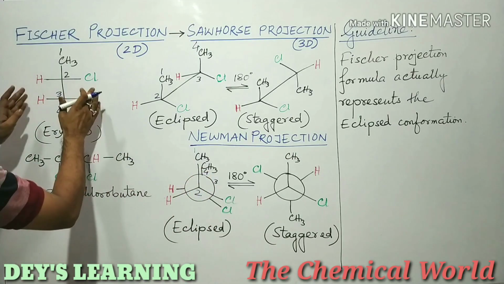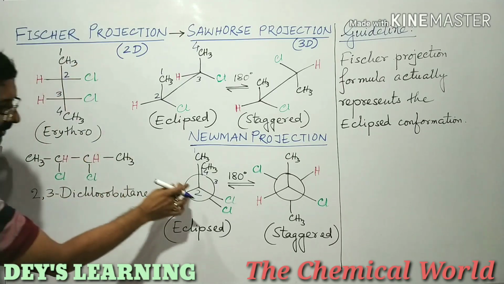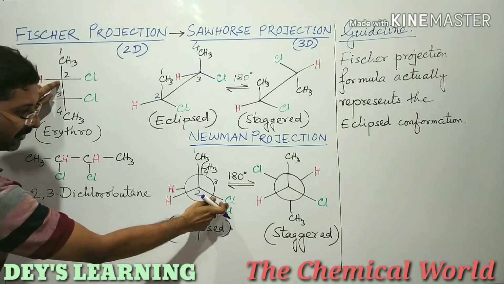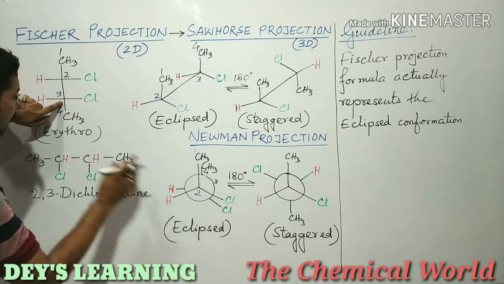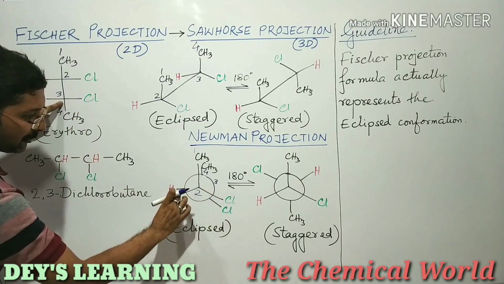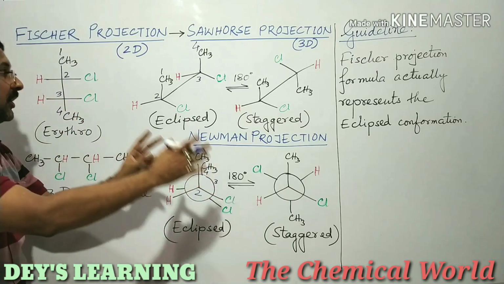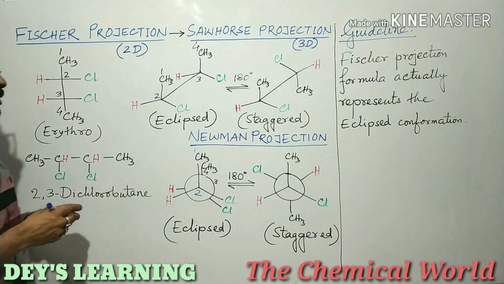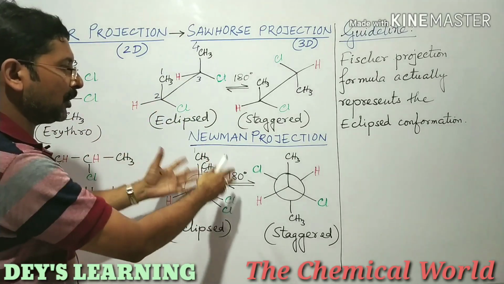So chlorine at the right, hydrogen at the left, and the backward carbon, that is carbon number 3, chlorine at the right and hydrogen at the left. So this conformation is represented by the Fischer projection formula. In this way, we can convert any type of Fischer projection formula into Sawhorse or Newman projection formula.